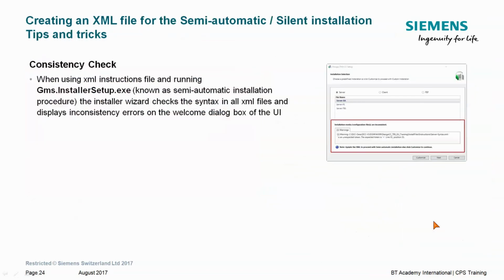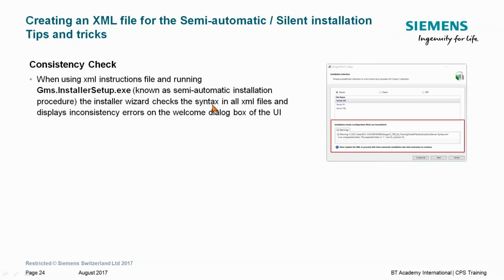When I'm using XML instruction files and I start the GMS installer setup.exe, this is known as the semi-automatic installation procedure. The installer detects XML instruction files in the instructions folder and will check if there is any syntax issue.